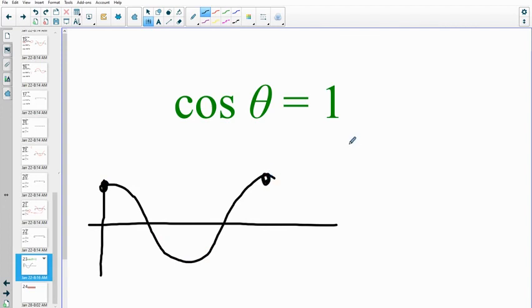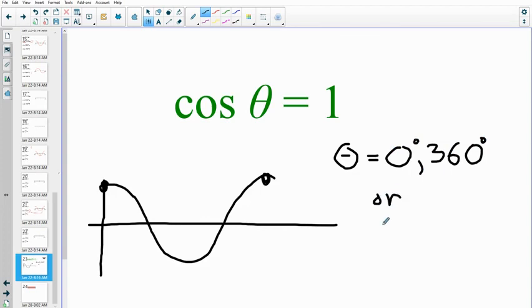So my answer would be theta equals either 0 and 360, if I'm doing this in degrees, or if I want to do the same thing in radians, we would say 0 or 2 pi. And I'll specify I want the answers in radians or degrees, but we can do both pretty easily.